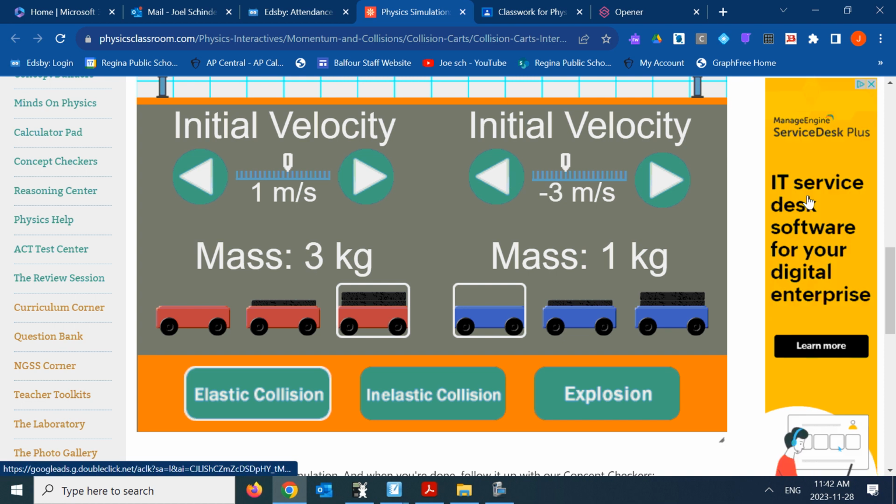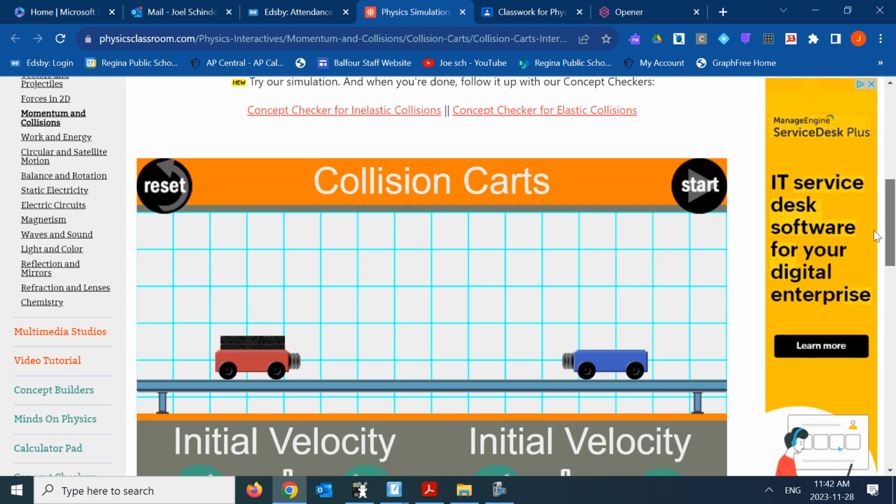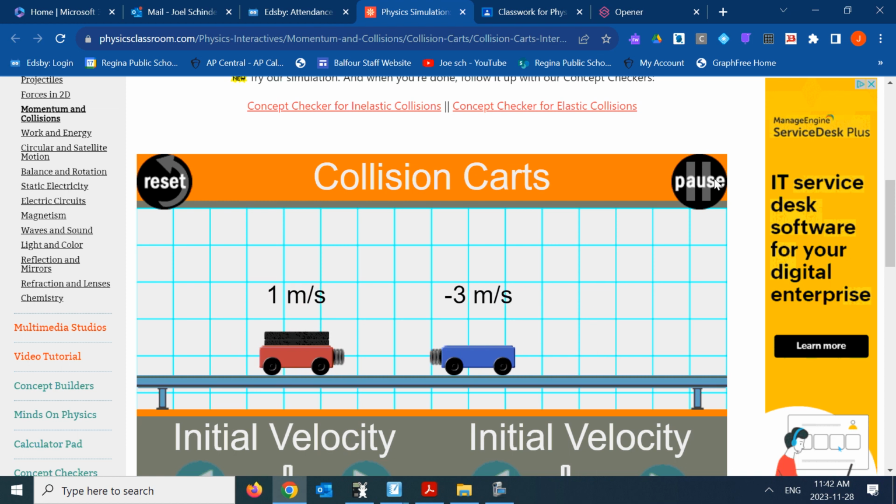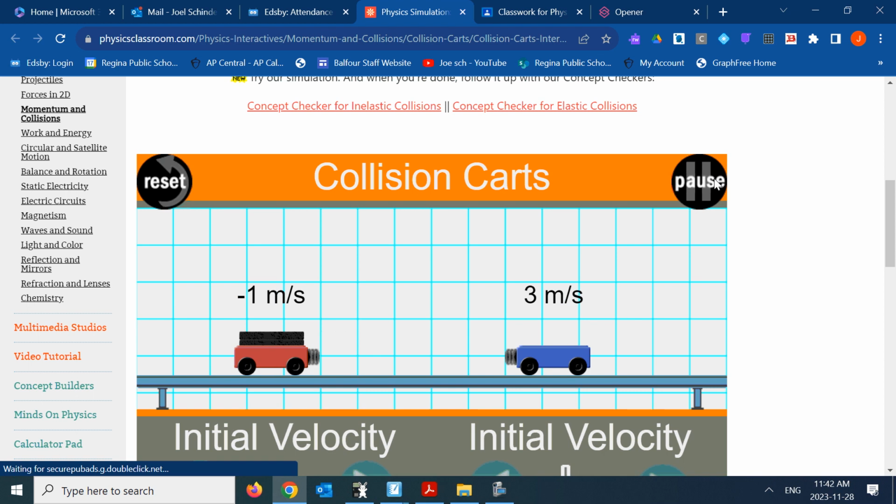What will happen here, guys? The blue has the same momentum coming in as the red. They both have 3, opposite directions. What do you guys predict will happen when they hit each other? Okay, there's a prediction. Hey, let's see what happens. Ah, they just switch.